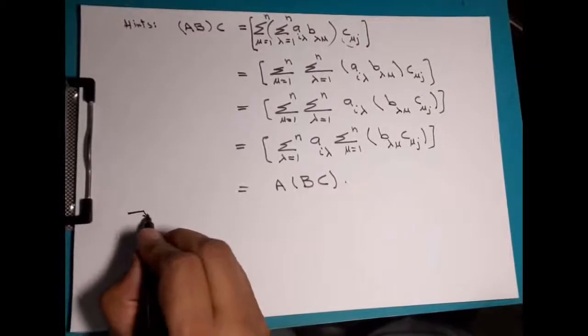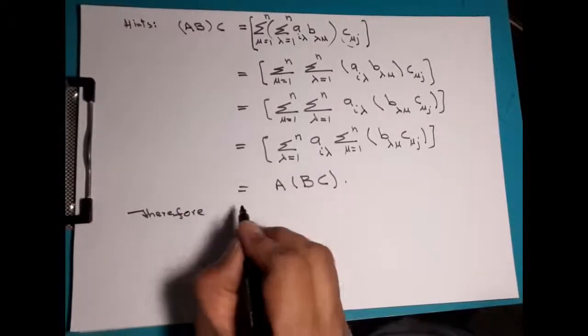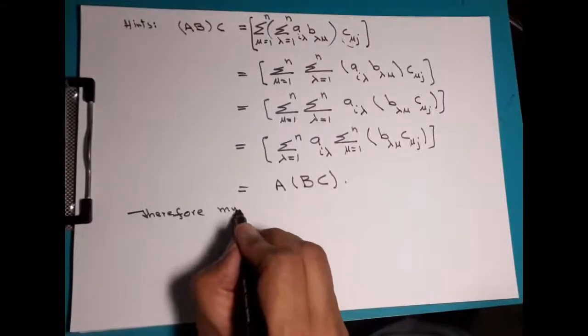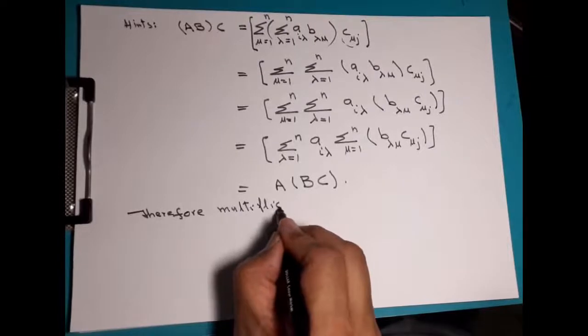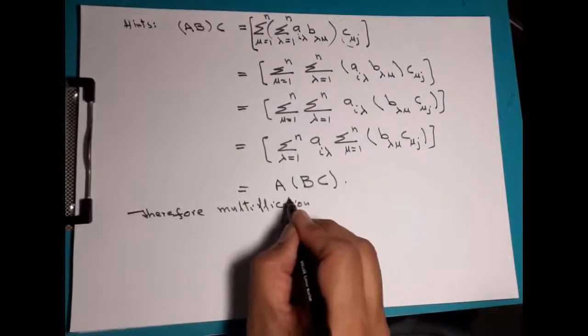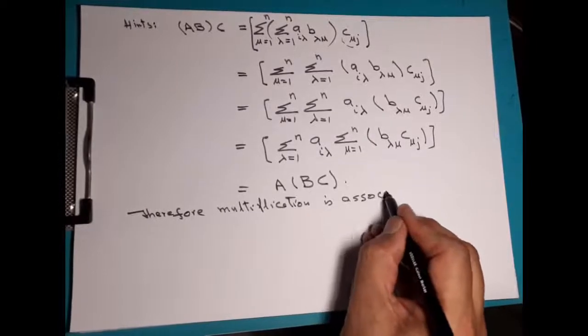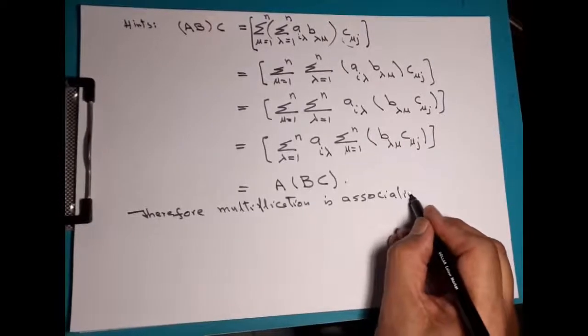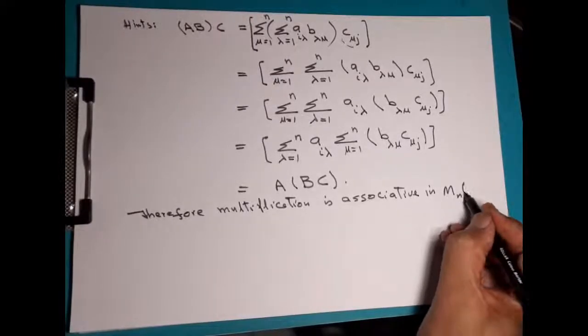So therefore, multiplication is associative in MNR.